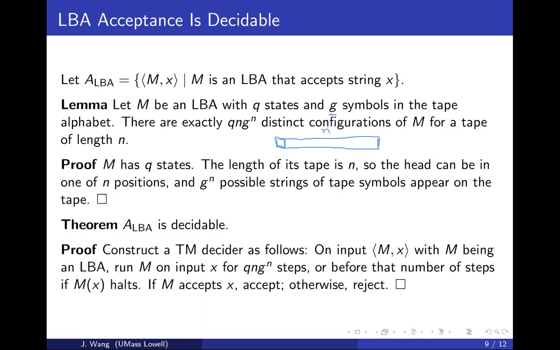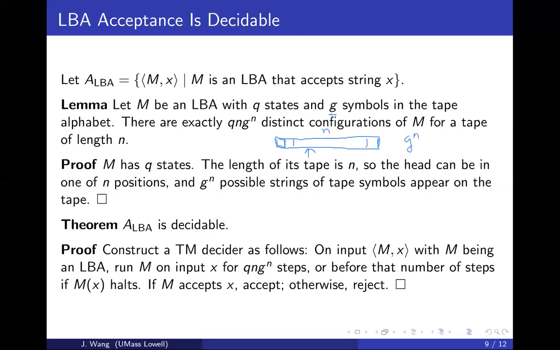We have n cells, so you have g to the n different memory contents. But a configuration also has a state and a location.